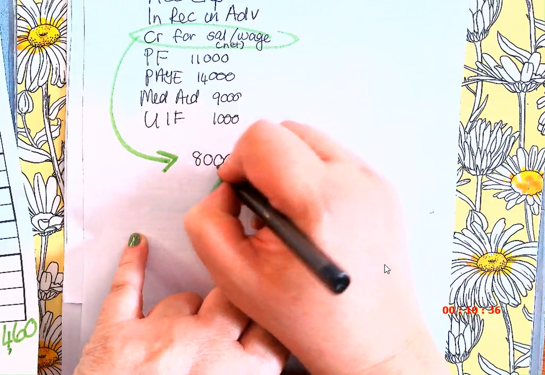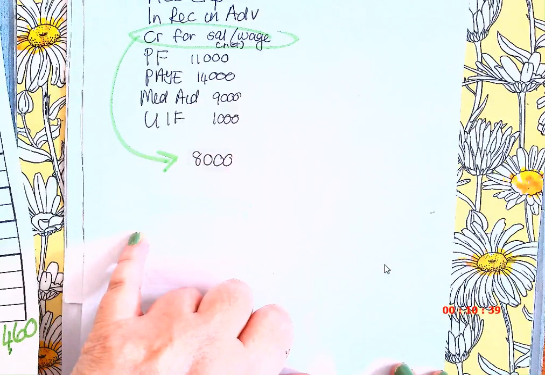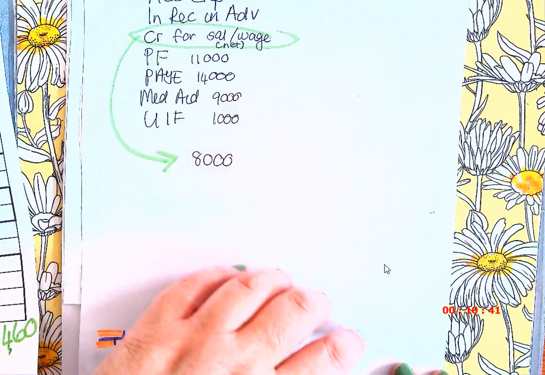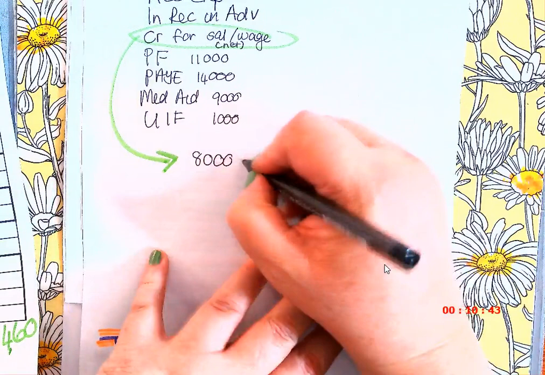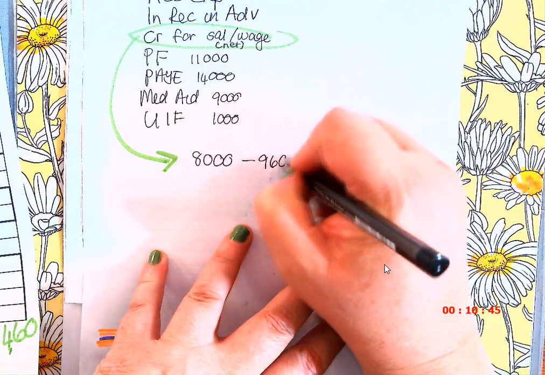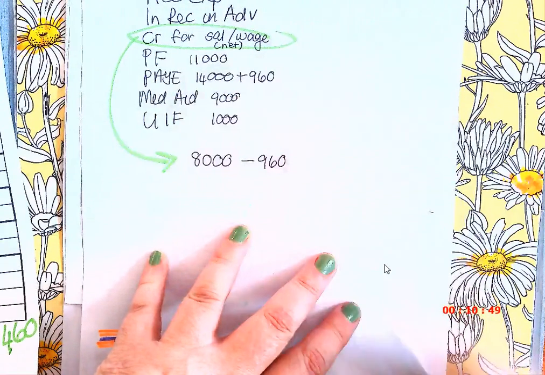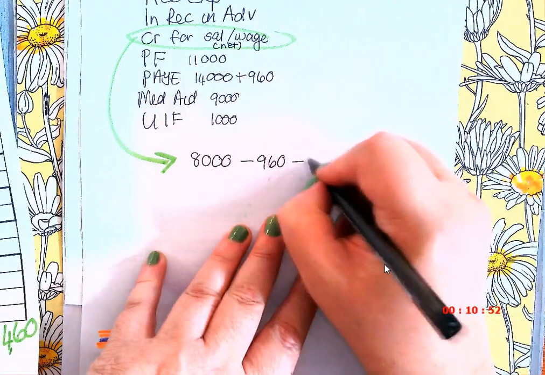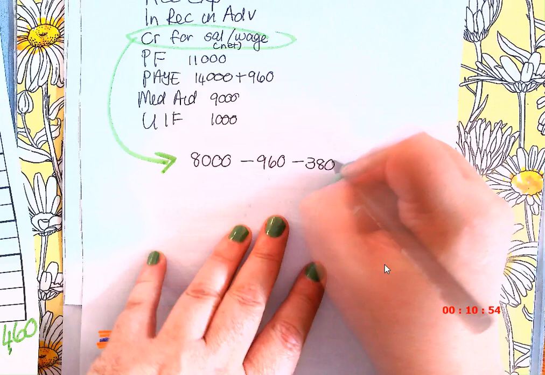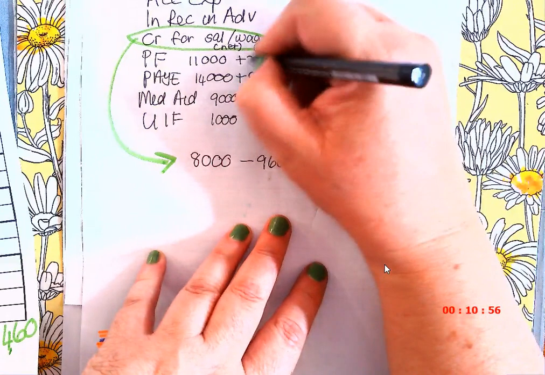Payee is 12% of the 8,000. So how much is 12% of 8? 960. I'm going to subtract it. And I'm going to add it to payee. Pension is 380. I'm going to subtract it. And I'm going to add it.